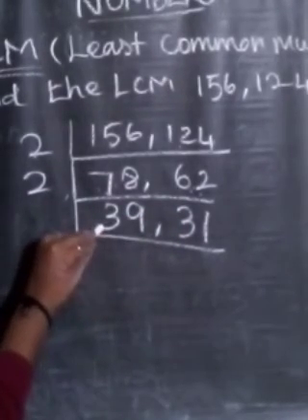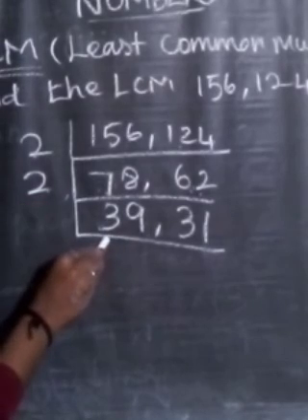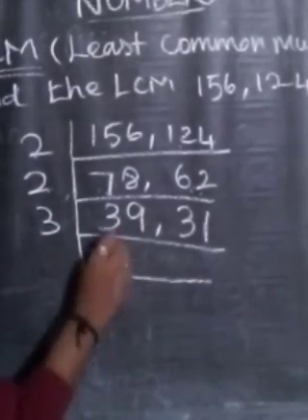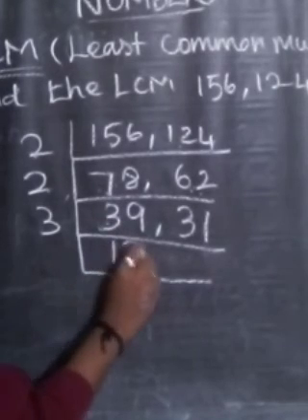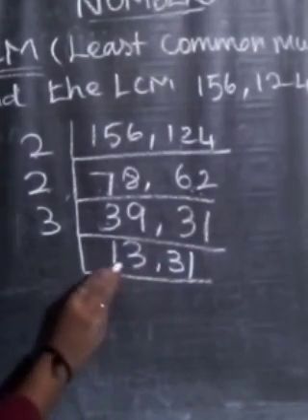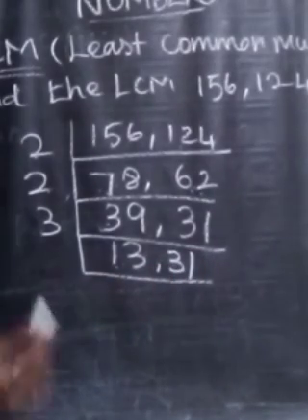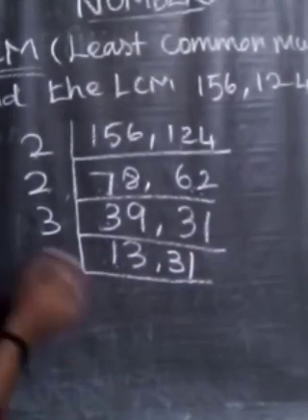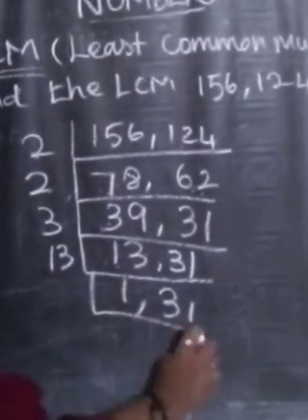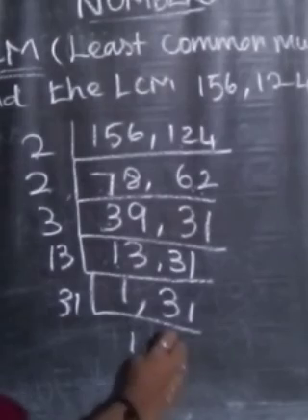So it is not divisible by 2, but it is divisible by the next prime number 3. So we get 13, 31. Here 13 and 31 are prime numbers, so they are divisible by themselves. So 13 ones are 13, and 31, 1, 1.